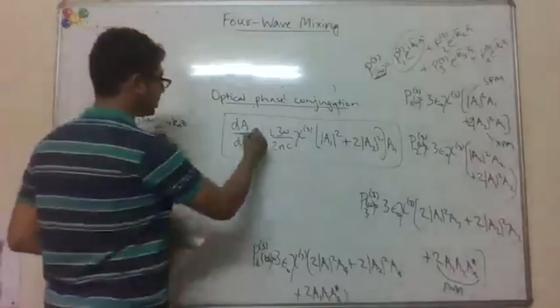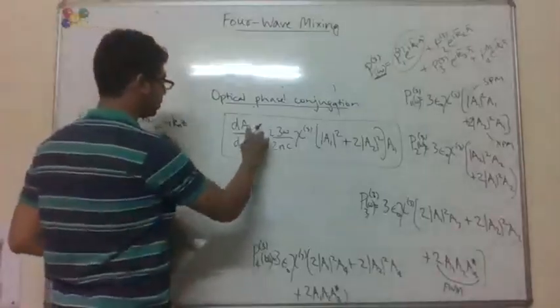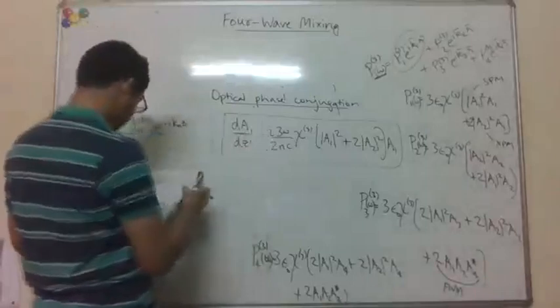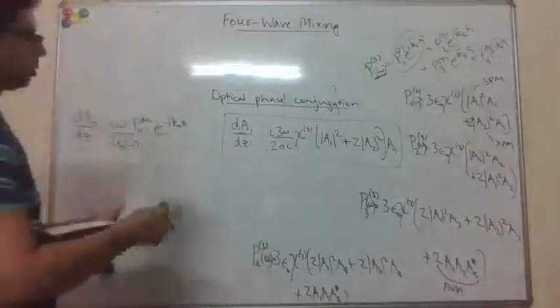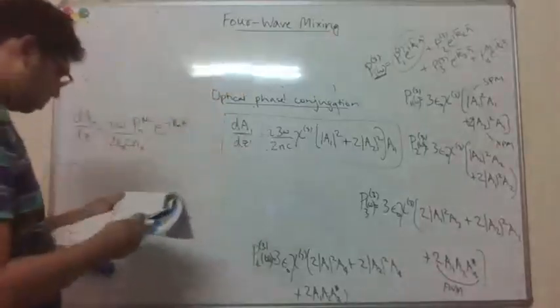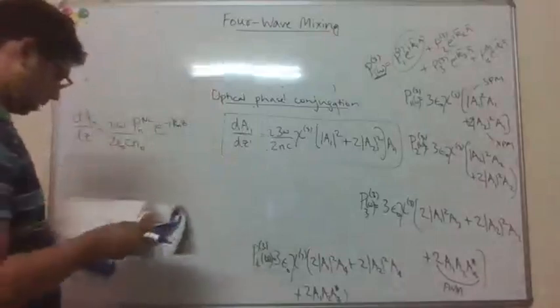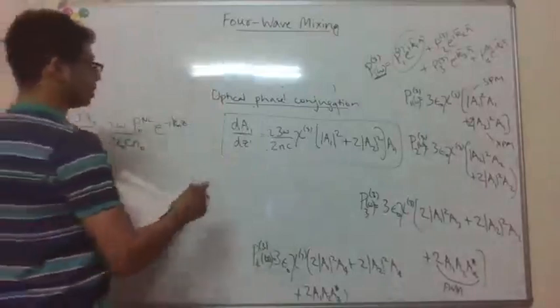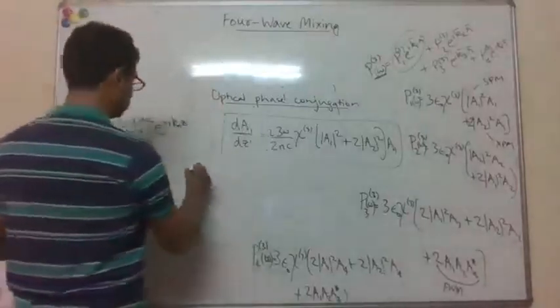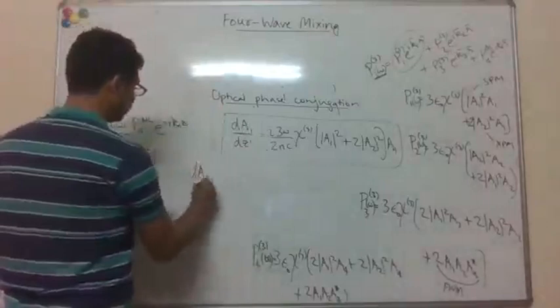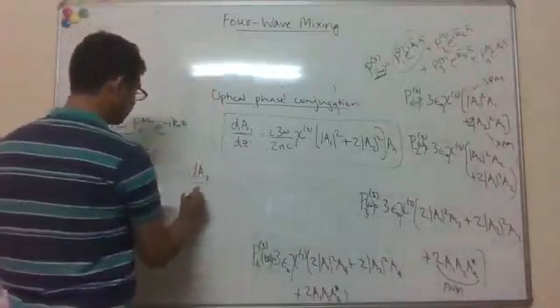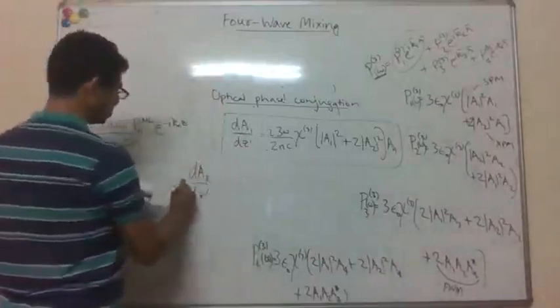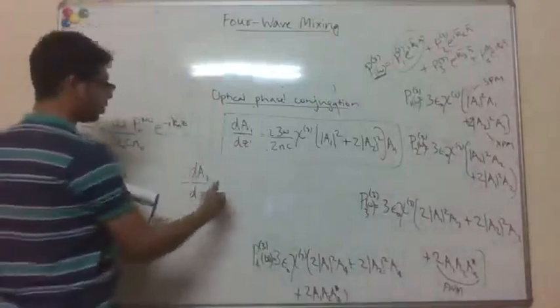And yeah, 2 is exactly the same, except the direction is opposite, right? So remember 2 is counter propagating to 1. So for 2, I just have a minus sign because there's a minus sign here, right? So it's propagating in the opposite direction.